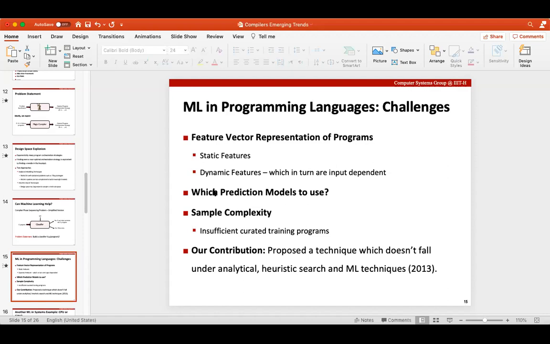I'm not saying NLP is not hard, it has its own challenges, but the kind of challenges that you face here are a bit different from the challenges in the NLP space.